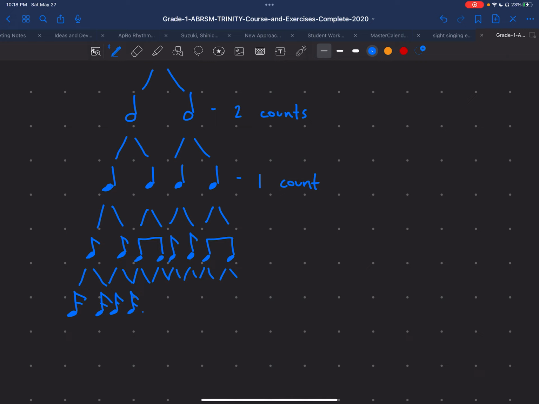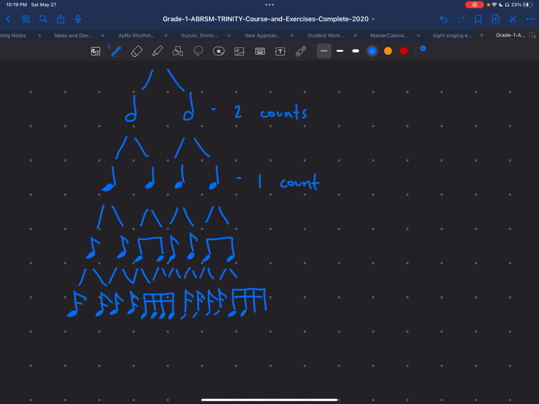And just like eighth notes, when we have 4 16th notes together, they like to join together and beam together. And we have 4 notes all joined together. So 16th notes have 2 flags, eighth notes have 1 flag, and we join 4 of them together.